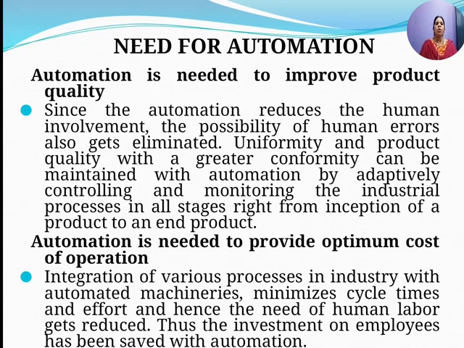Uniformity and product quality with a greater conformity can be maintained with automation by adaptively controlling and monitoring the industrial processes in all stages, right from inception of a product to an end product.